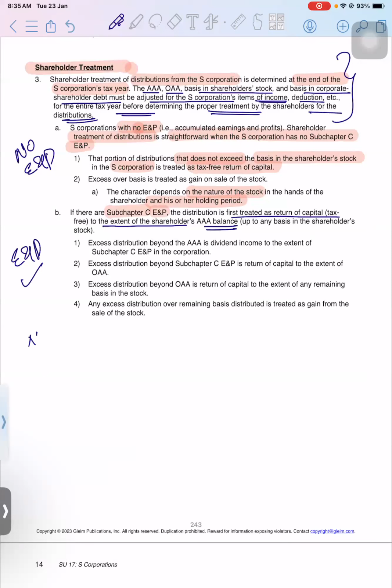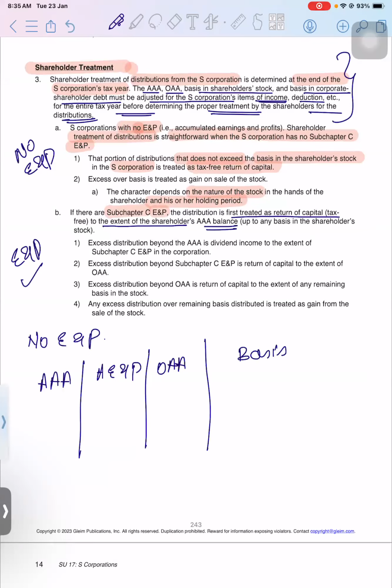If there is no ENP, we have this table: AAA, accumulated ENP, OAA, and then the basis will get reduced. If there is no ENP, start from here. First, reduce the basis. Clear, guys? I hope this much is clear.